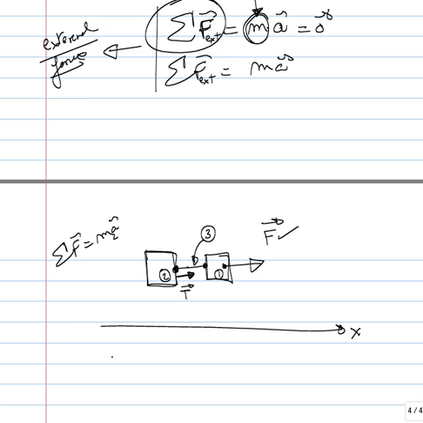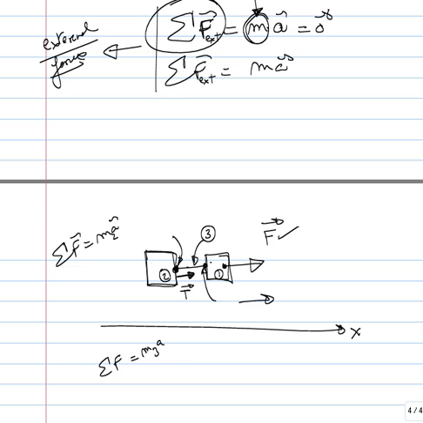Now let's do the same thing and apply the second law to object 3, which is the string. So imagine that you're the string. Something is pulling you, so let's say your head is over here and your feet are over there. You will feel something pulling you in this direction, and in this case it would be object 1. And then if object 2 has some mass, it will try to drag you in the other direction.